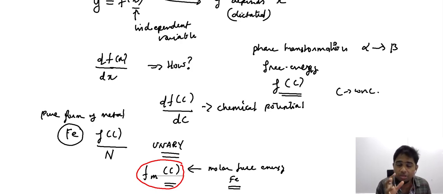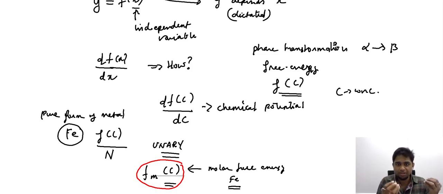So in this case, when you consider a unary system, the role played by the independent variable, that is the concentration, is nothing but increasing the size of the system. As the size of the system increases, of course your dependent variable increases. Now when you want to see how the free energy varies with respect to the increase in size, all you need to do is take the ratio of the free energy with respect to the number of components, or the number of atoms present in the system.